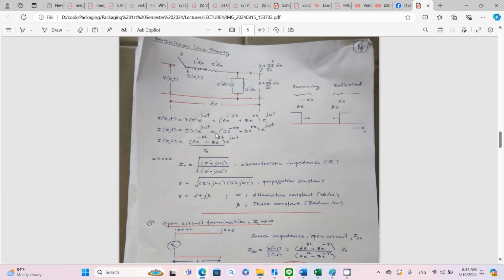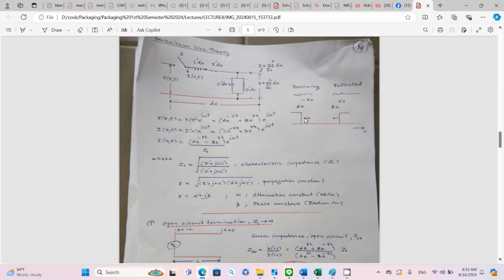Now take a look at the two terms for the voltage along the transmission line at arbitrary times and x. The first term, A exponential negative gamma x, simply is the incoming signal or the forward signal.